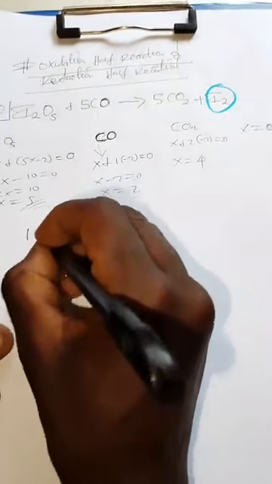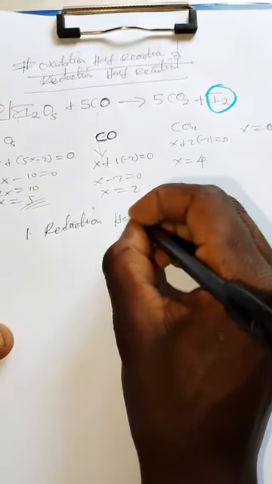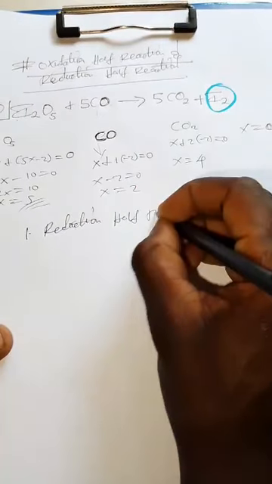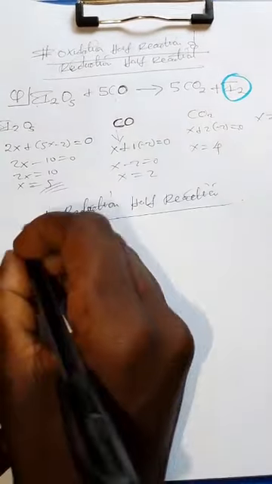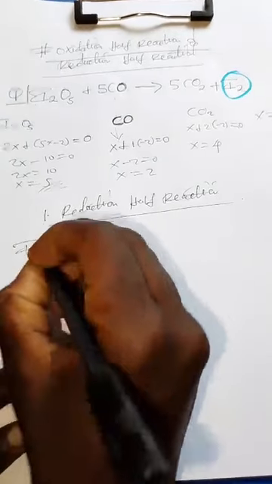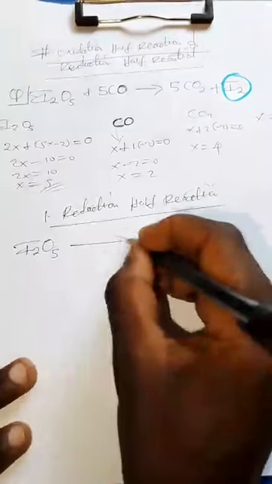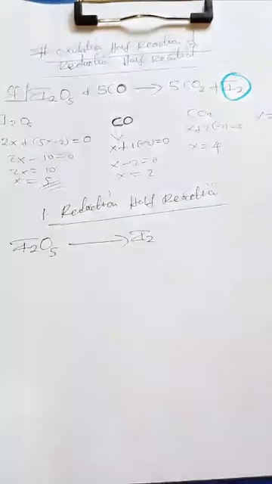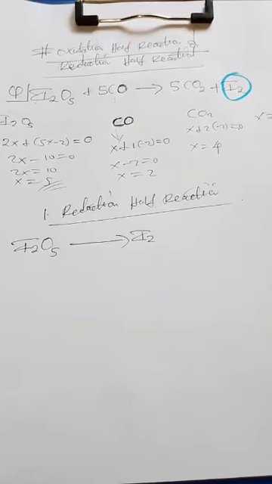So the reduction half reaction will be this one. So this is our reduction half reaction, because the oxidation number has reduced from 5 to 0, that is reduction.